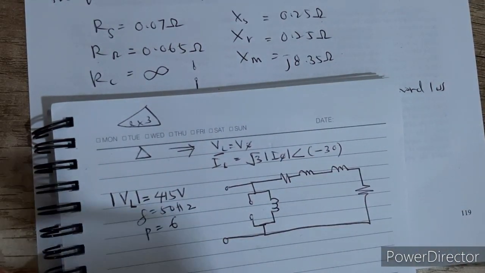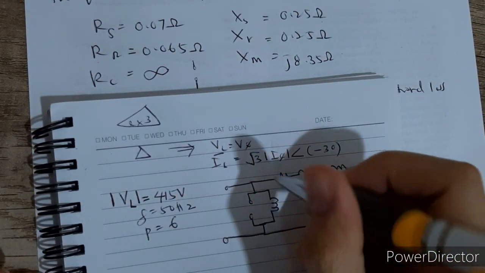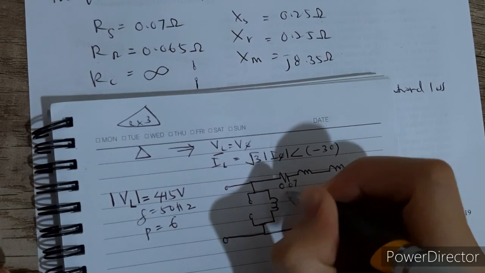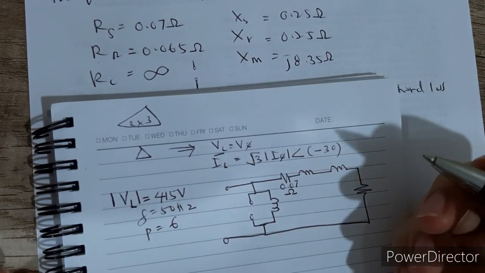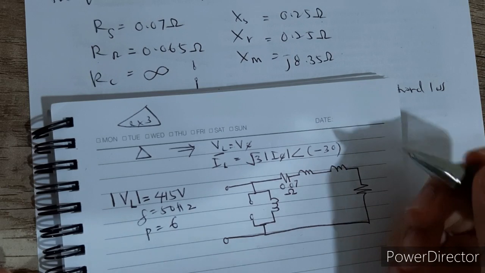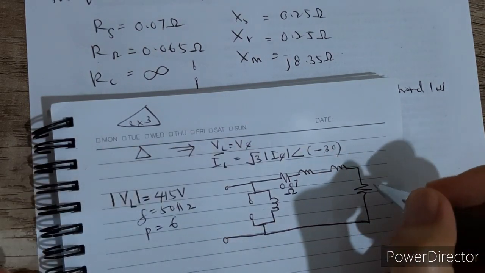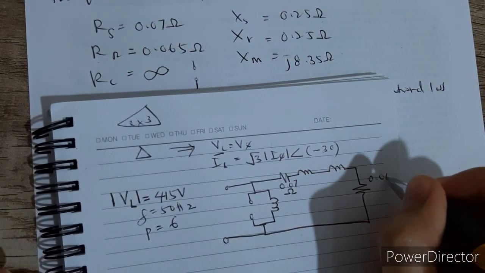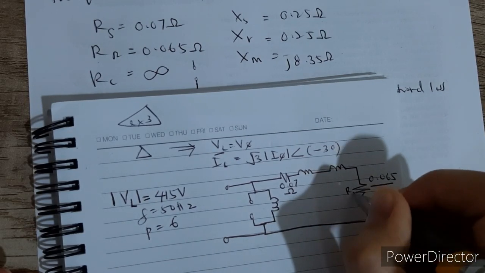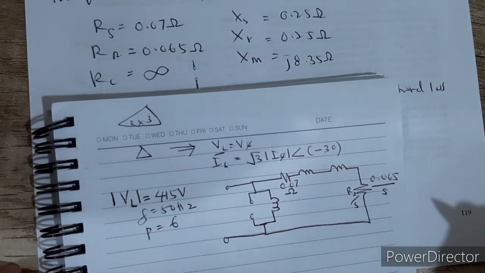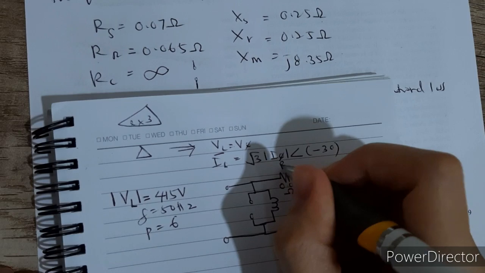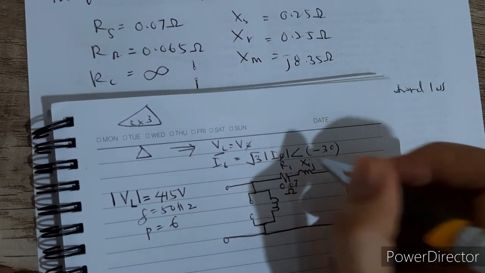Stator resistance R1 is 0.07 ohm, rotor resistance is 0.065, so this is R2 over S, make sure you put over S here.